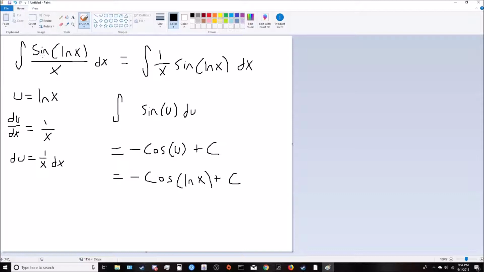We've taken this large composite integral that we wouldn't be able to solve by ordinary means, and simply by putting it in terms of a different arbitrary variable, we were able to simplify it to the simple integral of sine u du and integrate from there. Hopefully this has shown you the potency of U-substitution in solving these integrals, and has added to your repertoire of knowledge in the field of mathematics.